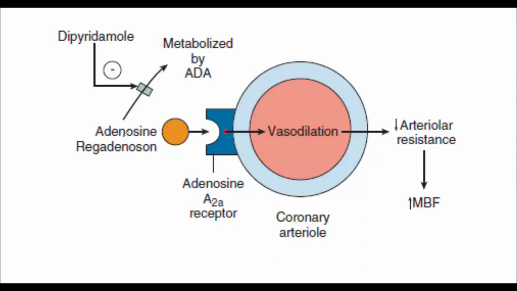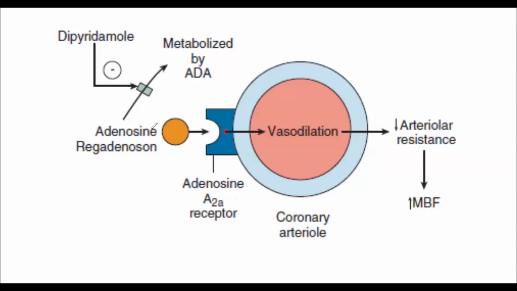Or we can directly make use of adenosine, or the third one is regadenoson. Regadenoson is a very selective A2A receptor agonist and is only going to act on the coronaries. The problem with adenosine is that it has its receptors in the lungs as well, in the bronchioles, and it requires an infusion because of its short half-life.